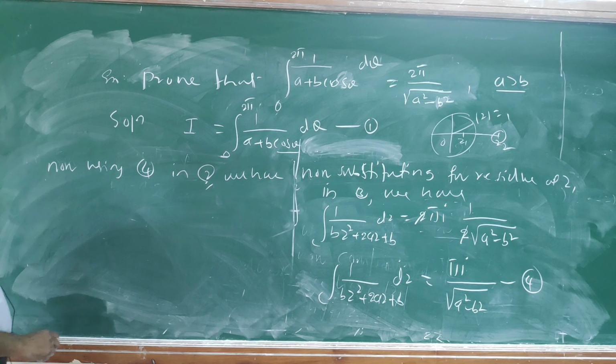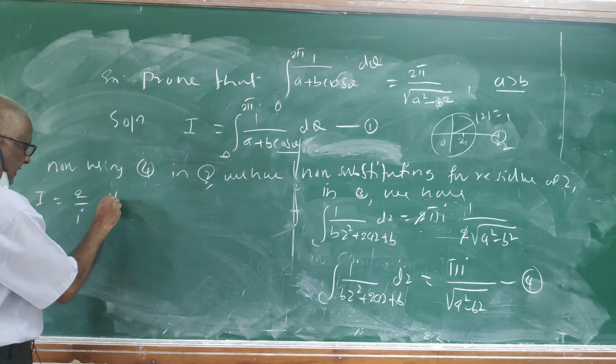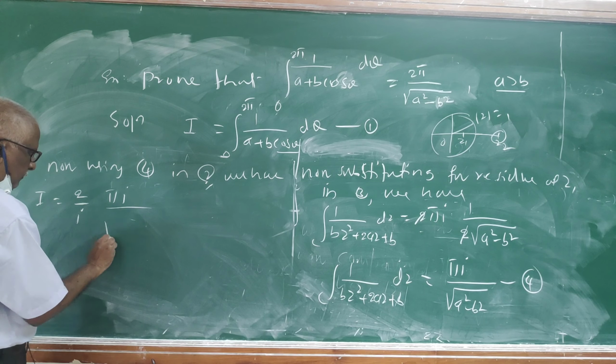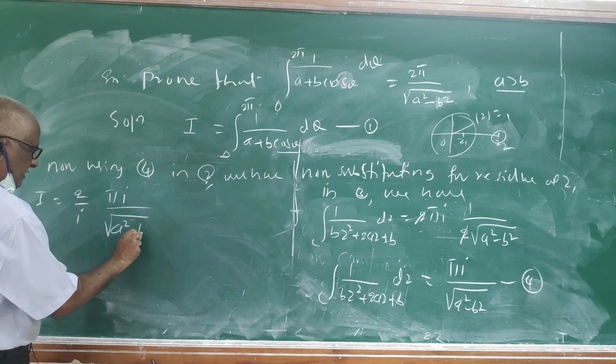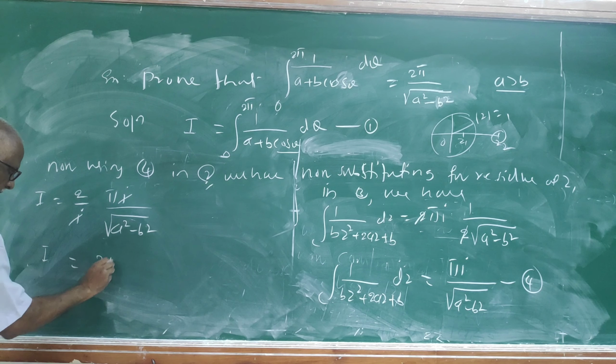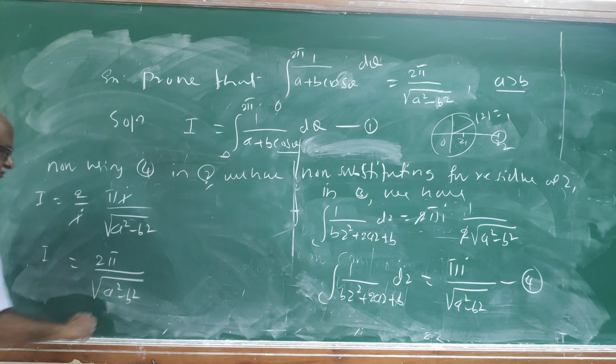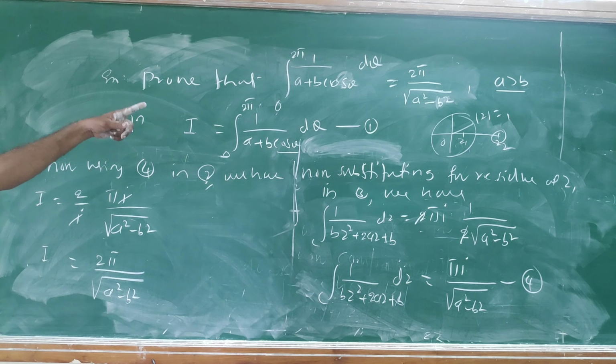Now using 4 in 2, we have I is equal to 2 by I times what it is here, 4 is pi I upon square root of a square minus b square, so that here I and I get cancelled, so I becomes 2 pi divided by square root of a square minus b square, and that was the required thing.